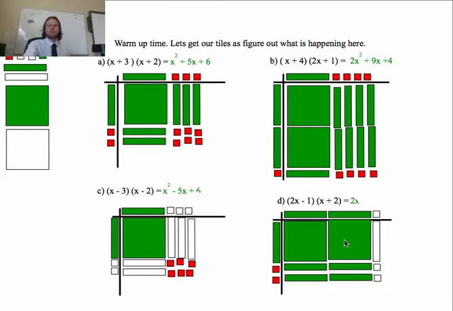I have 2x squared. And then I have 4x's, positive x's, minus 1. That gives me 3x's minus 2. So I have 2x squared plus 3x's, because this guy and this guy will cancel each other off, kind of. And then, so 2x squared plus 3x's minus 2. And that's it. My answer is 2x squared plus 3x minus 2.